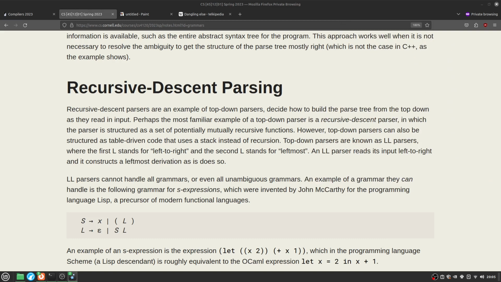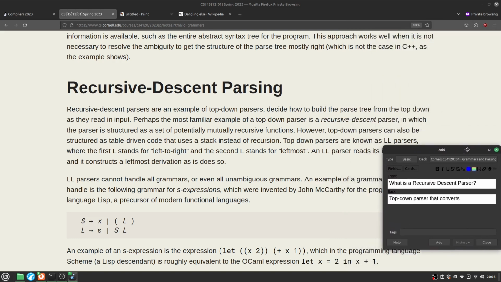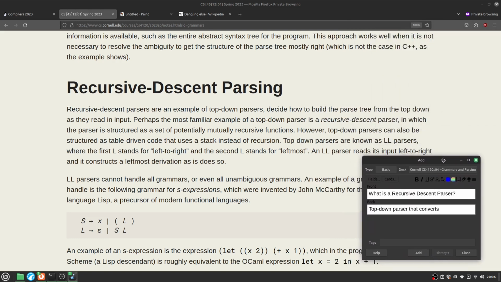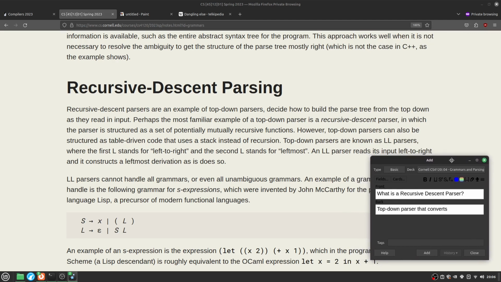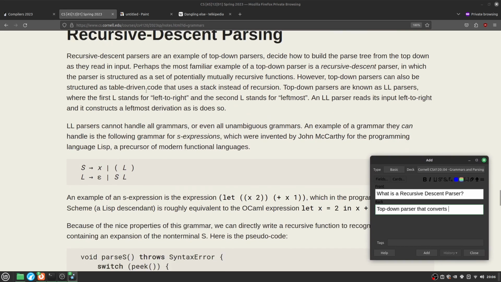Let's move this. The parser is structured as a set of potentially mutually recursive functions. Top-down parsers are known as LL parsers, where the first L stands for left to right, and the second L stands for leftmost.